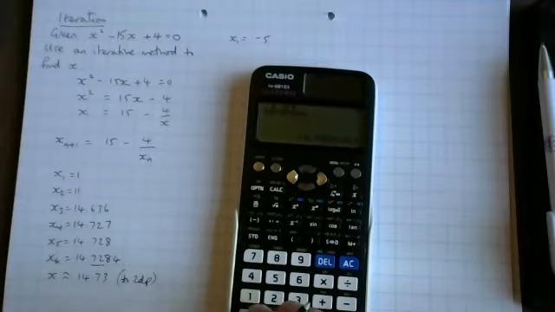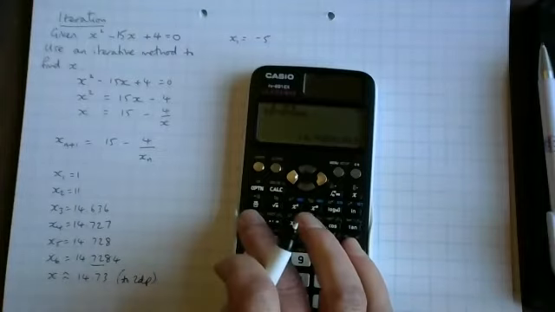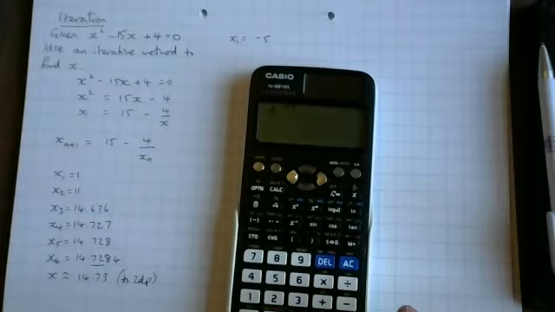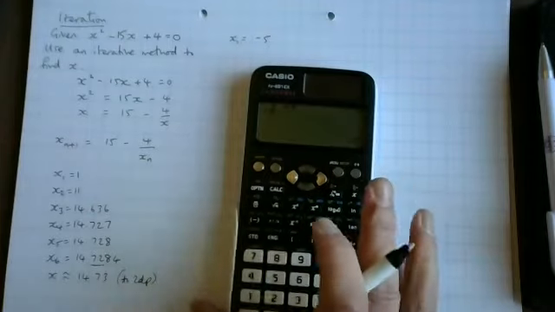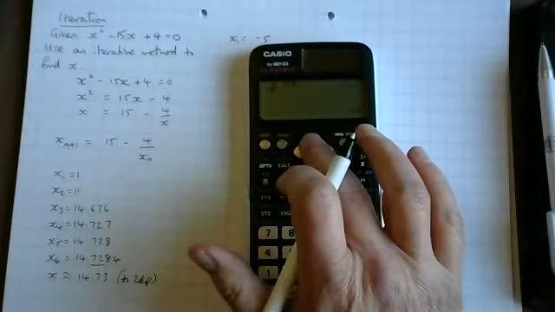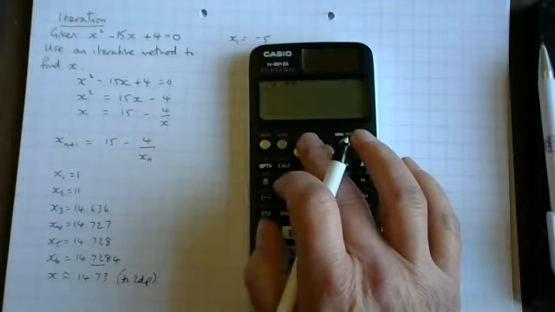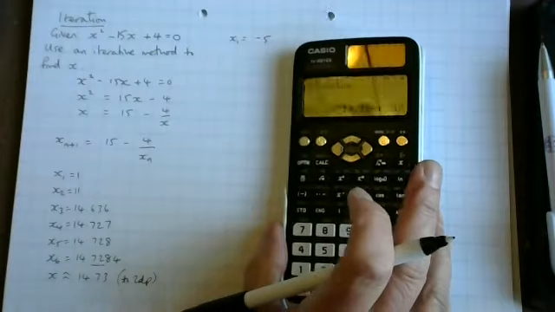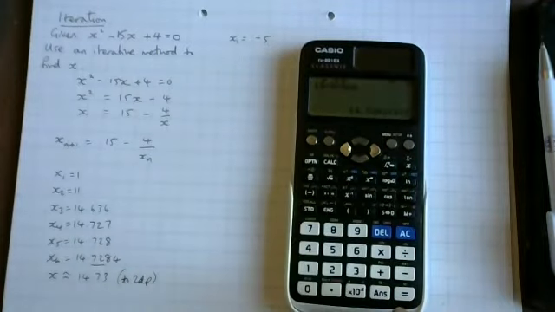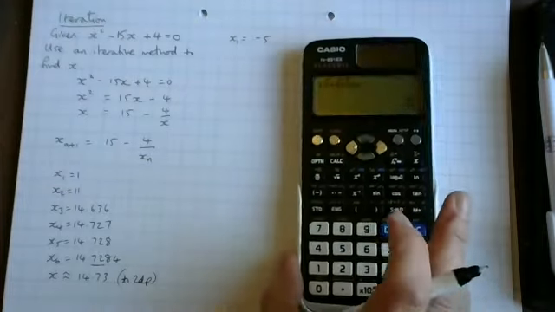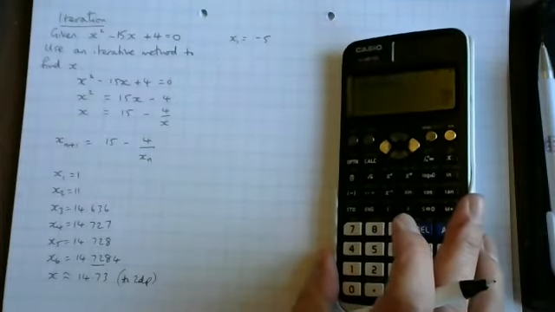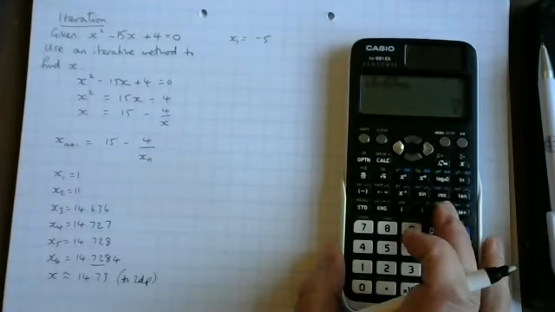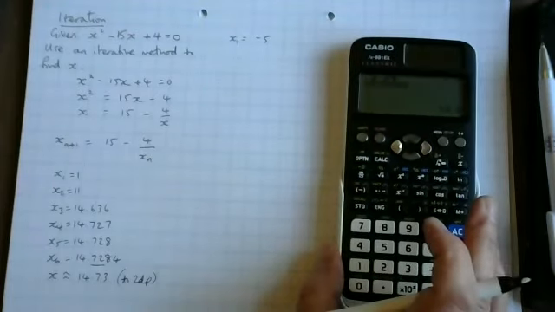We've got -5 as my answer, then we go back up to my function, it's 15 minus 4 divided by answer. It now knows I've said -5 is the answer, so we'll start again. It goes straight to 79 over 5, about 14 and a bit, or 15.